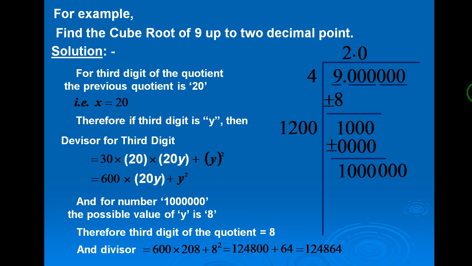So this is the divisor for third digit 8. Multiply this by 8, we get 998912. Now subtract it, we get remainder 1088.